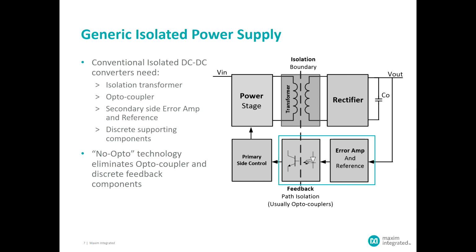But that's not the complete power supply. You can see that the transformer does provide the safety isolation and all the rest that we want for isolation, but we haven't controlled the switching yet. We have to sense the output voltage, which is over on the secondary, compare it with a reference, generate an error signal, and generate some kind of a command that it has to get back over to control the pulse widths of the power switches on the primary side. So that takes another crossing of the isolation boundary.